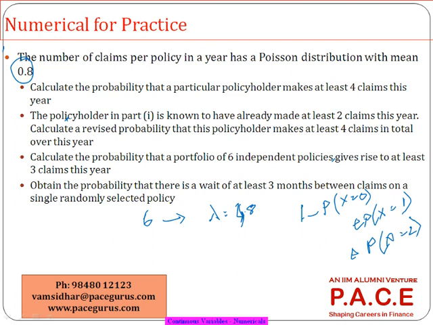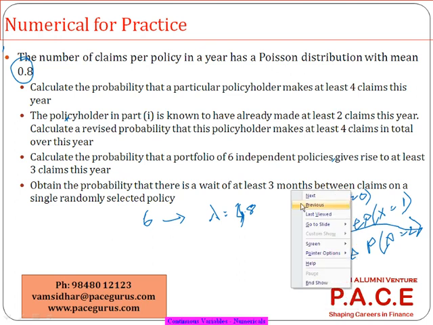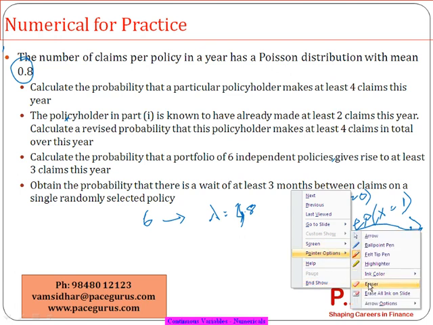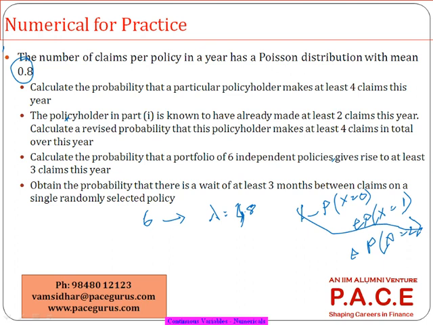Then obtain the probability that there is a wait time of at least 3 months, so 3 months or more, between the claims on a single randomly selected policy. So waiting time, as we have said, follows an exponential distribution.